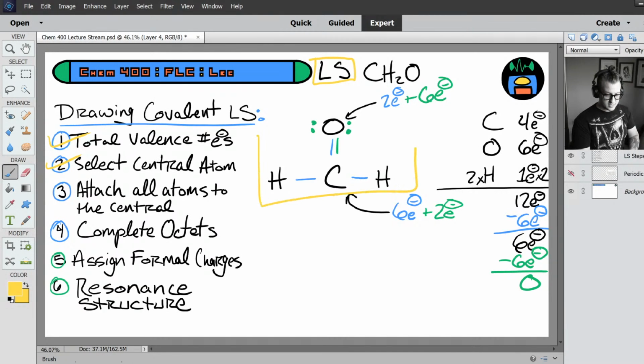So this is the Lewis structure for formaldehyde. I guess we finished this problem. Complete octets, attached all the atoms to the central atom. We have our Lewis structure.